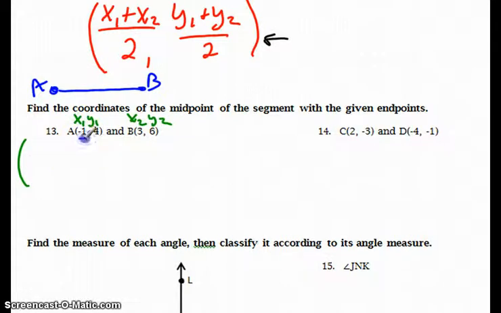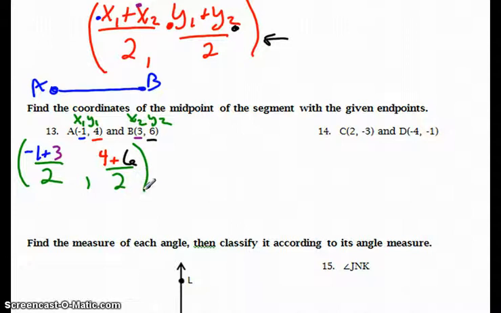So the formula says x1, which is negative 1, plus x2, which is 3, and they put that all over 2, because that's part of the formula, comma, and then y1, which is 4, plus y2, which is 6, and remember the formula puts this over 2.